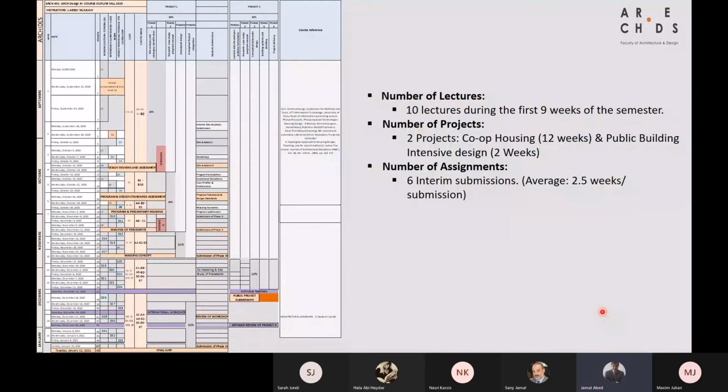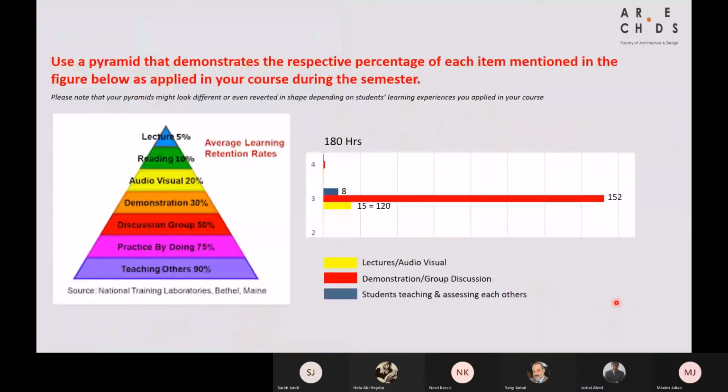Okay, so this is the 10 lectures during the first 9 weeks of the semester. We had the 2 projects, 12 weeks, 2 weeks for the intensive, and 6 interim submissions, averaging 2.5 weeks per submission. The discussion and work with the students has taken most of the time.